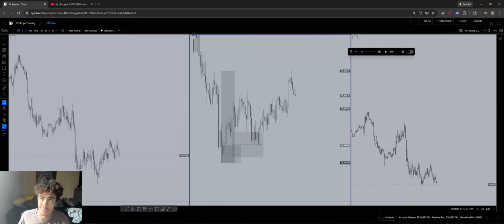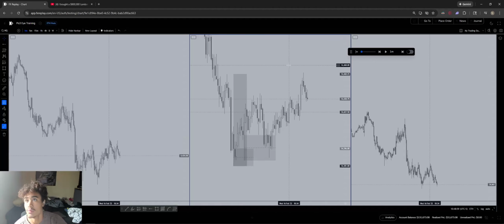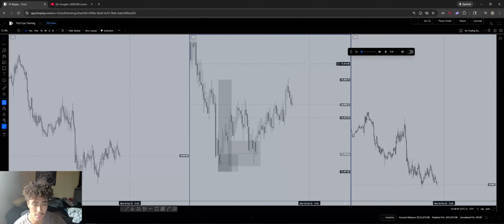I wanted average 1 to 5 RR, average 1 to 6 RR, average 1 to 7 RR, and then have the occasional trades that run to 1 to 10, 1 to 12. But the main thing I wanted was 1 to 5 RR, 55, 60% win rate, maybe 65. Well, I will get 65% win rate, but that just comes from taking higher probability trades.